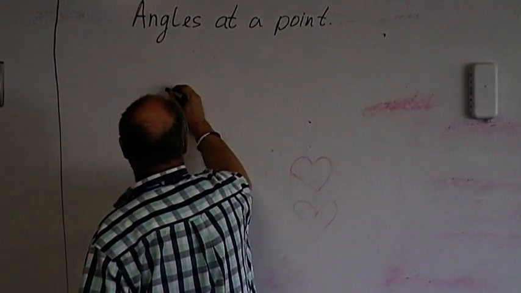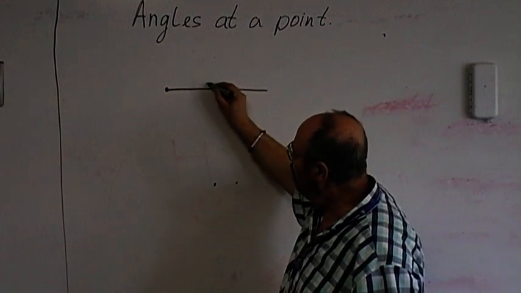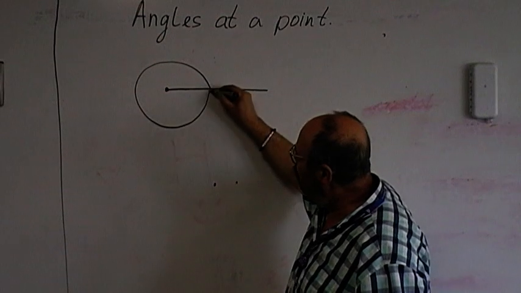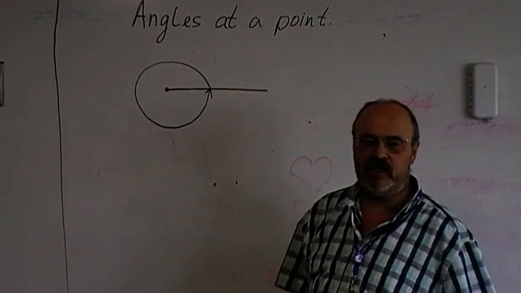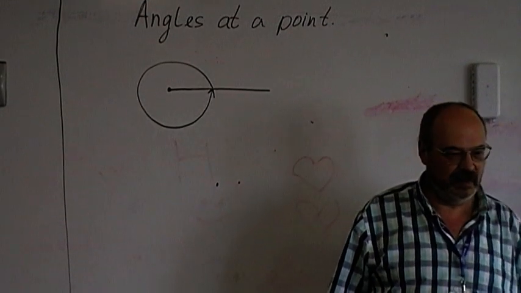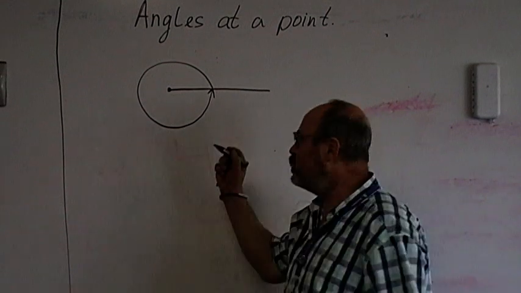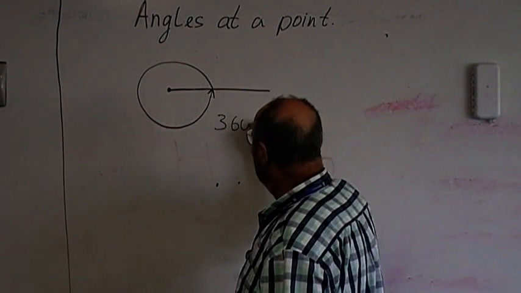So if we have the line and we make this angle, how is such an angle called? Revolution. This angle is called a revolution, and it is 360 degrees.